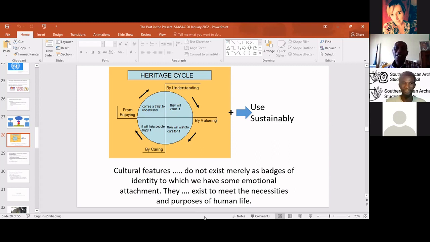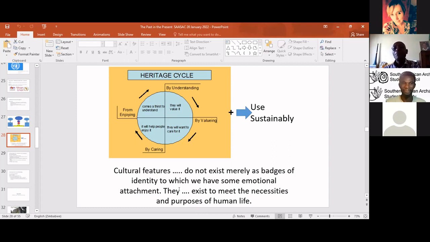one of the key issues is that our archaeological research, our discipline itself, also needs to transform in how we present and project our work. We need to talk to topical and relevant issues.